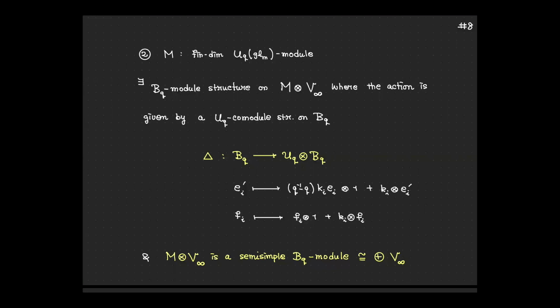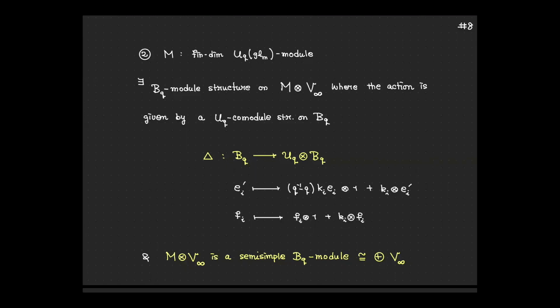So the co-module structure is given like this formula. So there is an algebra homomorphism from Bq to Uq tensor Bq, where Ei prime goes to this kind of element. It looks a little similar to our usual co-multiplication formula. And for Fi, that goes to this one, it's exactly the same formula as in the quantum group case.